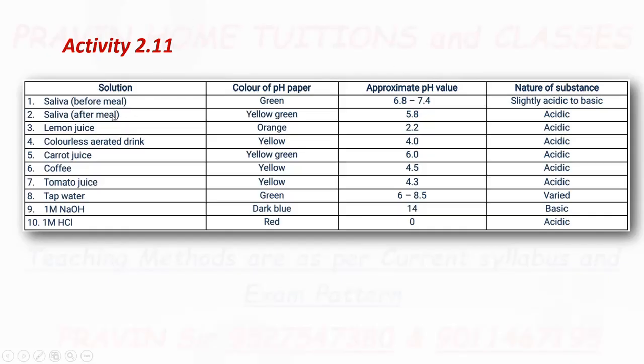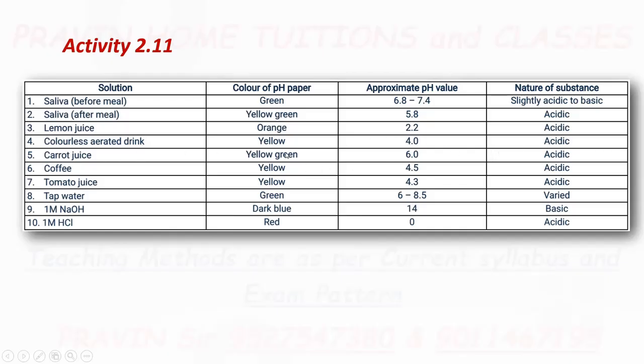Saliva after meal: color of pH paper yellow green, pH value 5.8. 5.8 is less than 7, so it is acidic in nature. Lemon juice, 2.2 pH value, acidic in nature. Colorless aerated drink, 4 pH value, it's acidic.